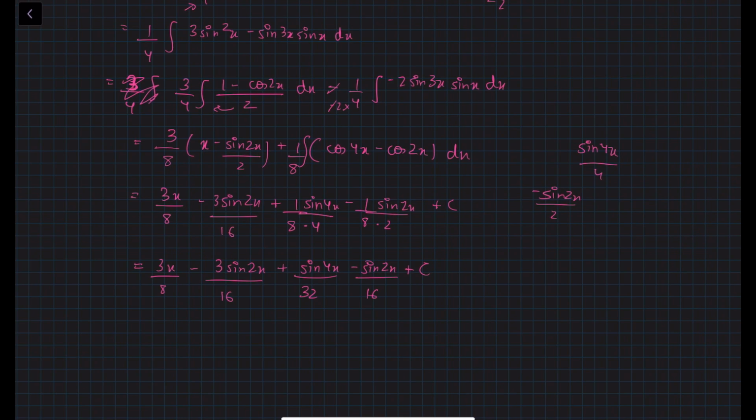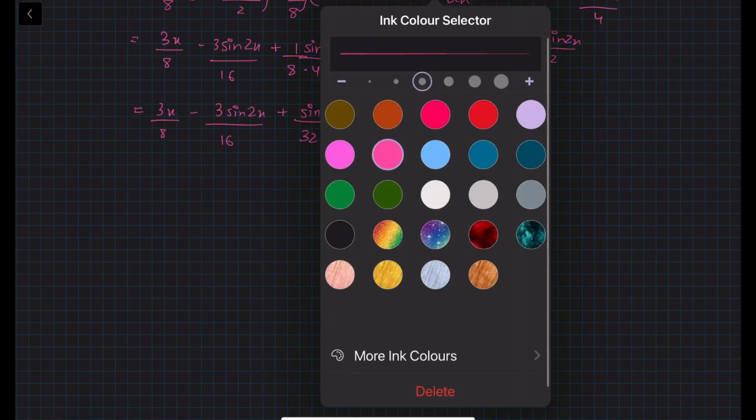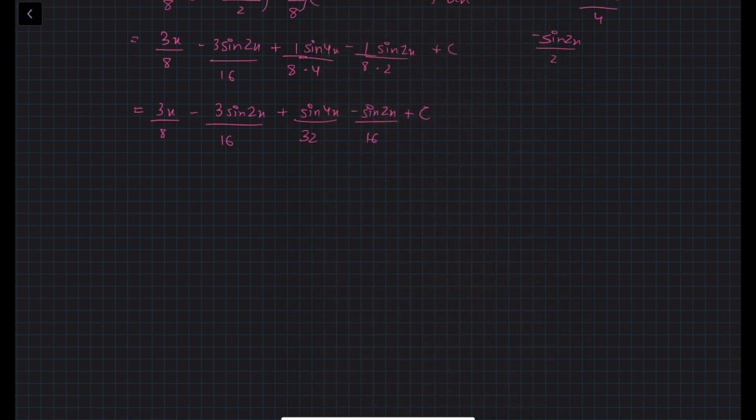Alright, now as I told you, there's two methods to this type of question. So I'm going to use the other method on the next question, just so you can learn to do both. Next question is cosine of 4 2x dx. And now I'm going to split it using quadratics.